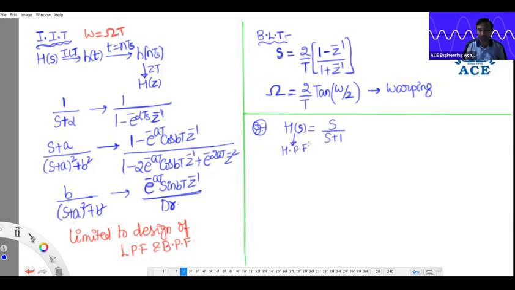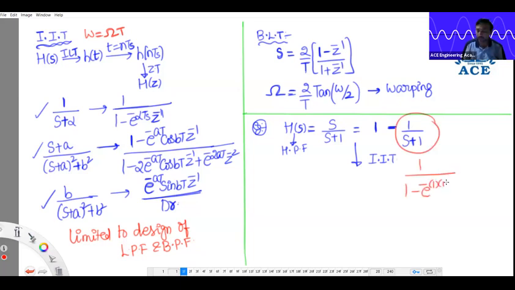In the impulse invariant technique, to convert S plane to Z plane, compulsorily we require one of these formulas. After partial fraction expansion, it is 1 minus 1 by S plus 1. For 1 by S plus alpha, we have a formula: 1 by 1 minus e power minus alpha Ts z inverse.